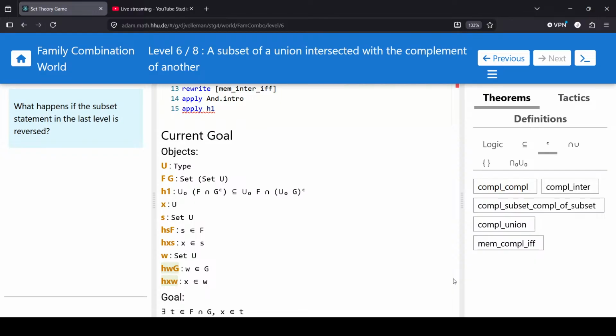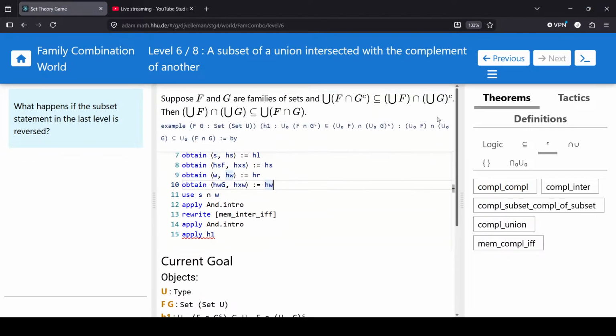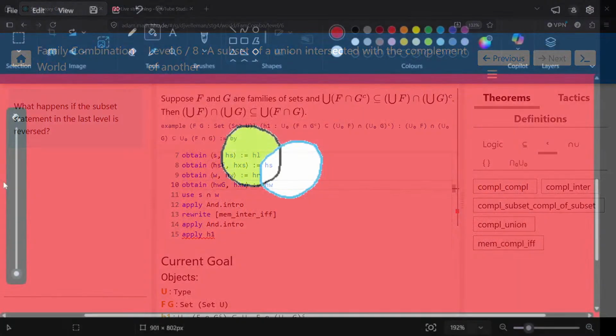That's a subset of the union of F intersect the union of G's complement. So complement of the union of G, what does that look like?